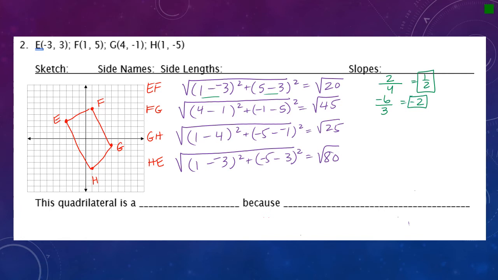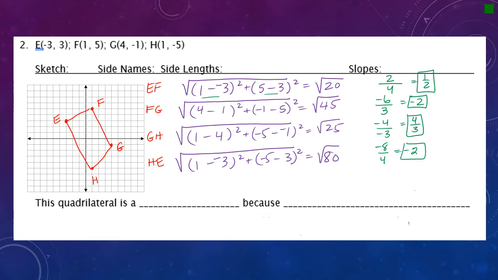Negative 5 minus negative 1 is negative 4, and then 1 minus 4 is negative 3. So those negatives cancel out, and I have 4 over 3. And last but not least, negative 5 minus 3 is negative 8 over 1 plus 3, which is 4. So that's negative 2.